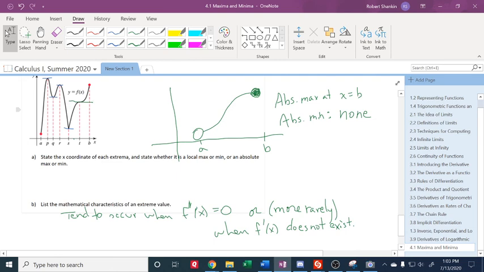It switches from increasing to decreasing, or from decreasing to increasing. But once in a while, that doesn't happen. And if that's the case, then even though it's a critical point, it's not an extreme value. It's probably an extreme value in most cases, but not necessarily. There are exceptions.